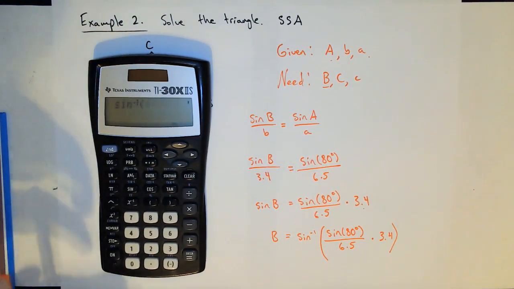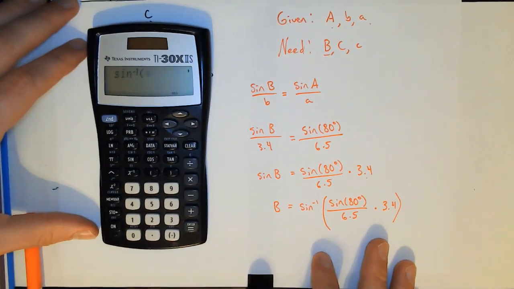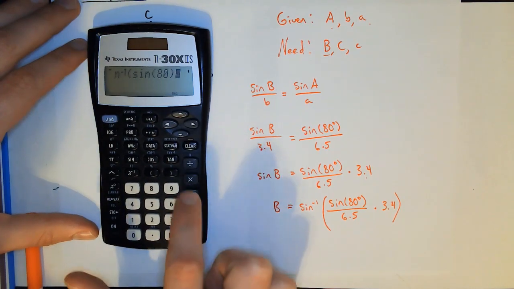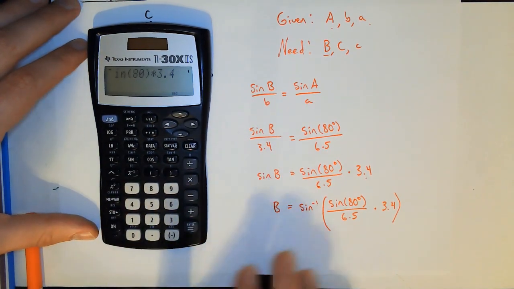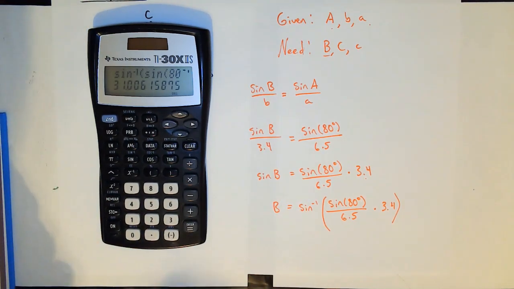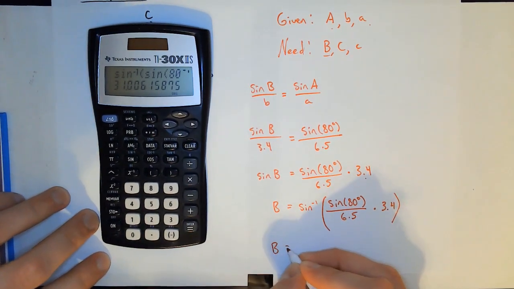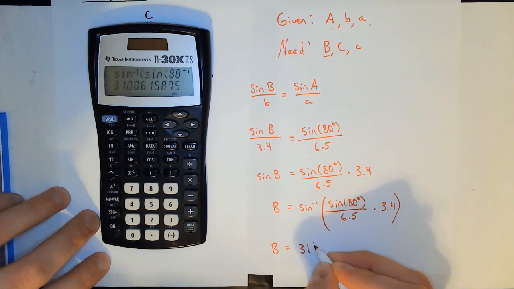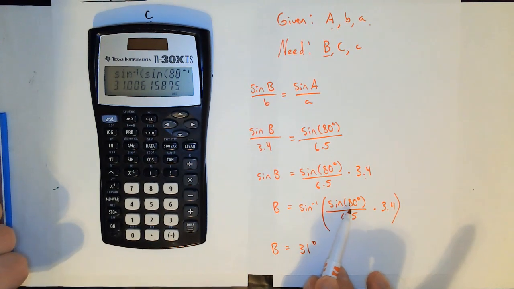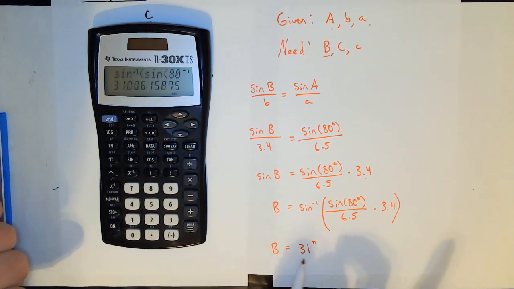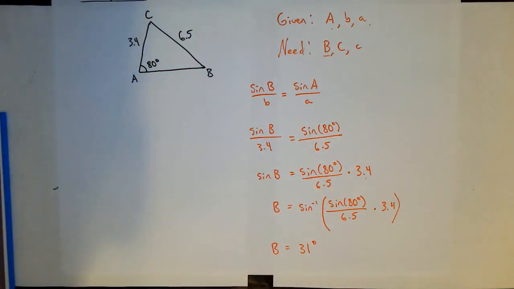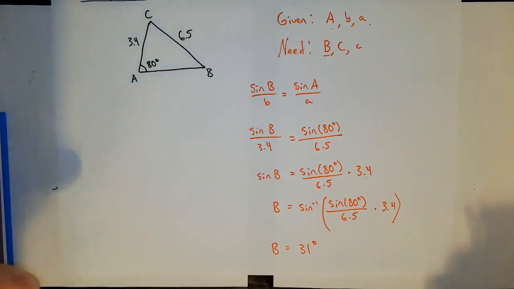So B equals sine inverse of sine of 80 degrees times 3.4, and then I'll divide by 6.5. Okay, and I'm getting 31 degrees, so B is equal to 31.0 degrees. They only give me a whole number for the given angle, so I'll just round to a whole number here. 31 degrees there. Alright, now I will go to C.